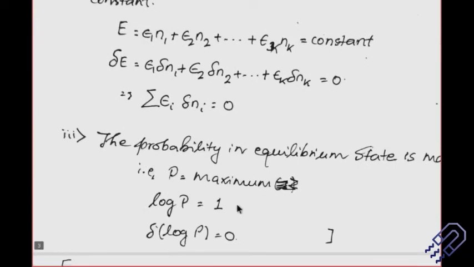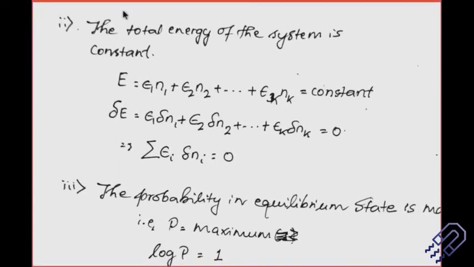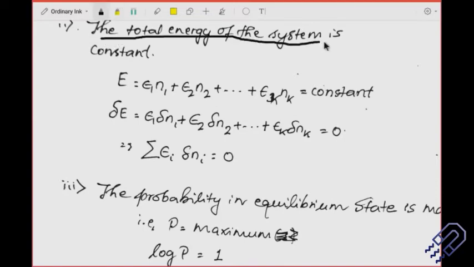So let's take the next case, which is the total energy of the system. How do we understand it? Each of these boxes, these cabins or small locations which has n1 particles, will have energy E1. The second location might have energy E2.